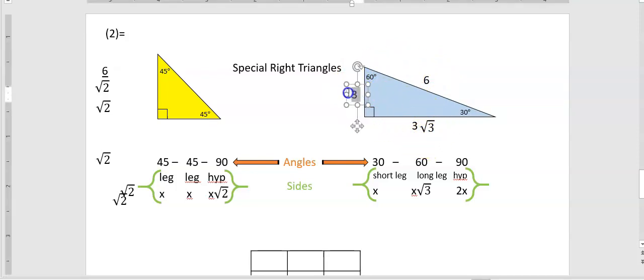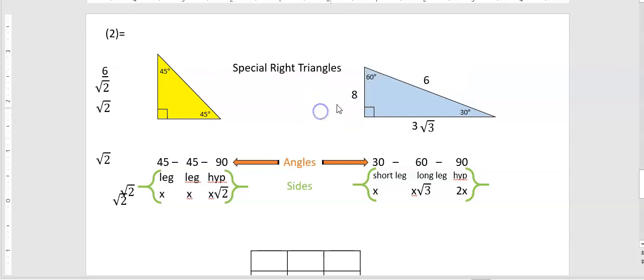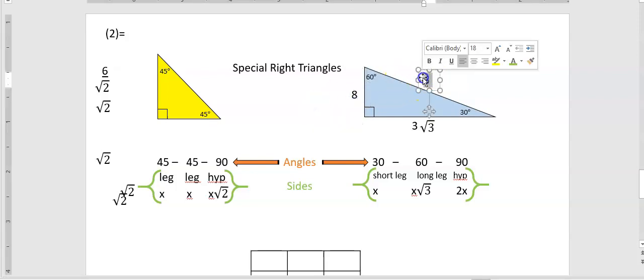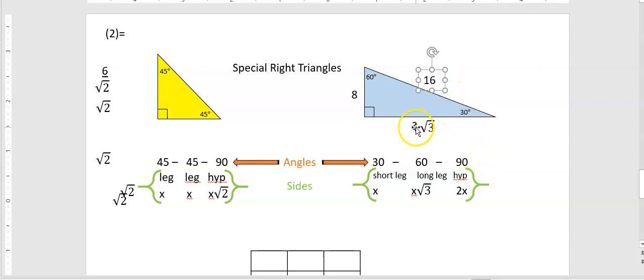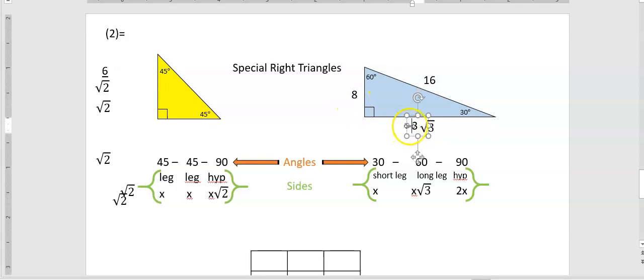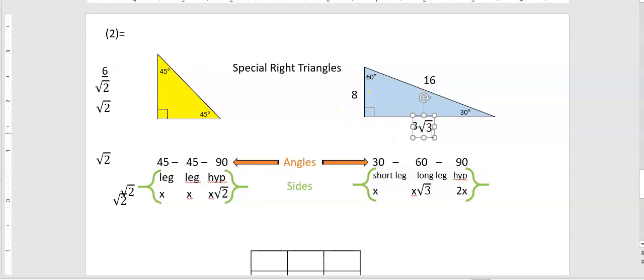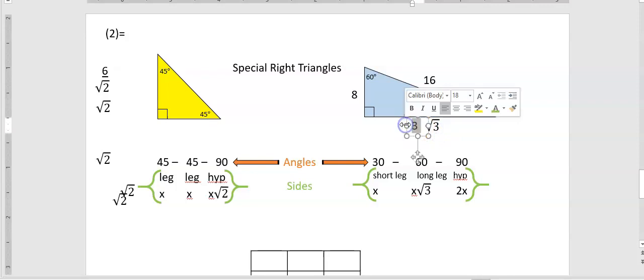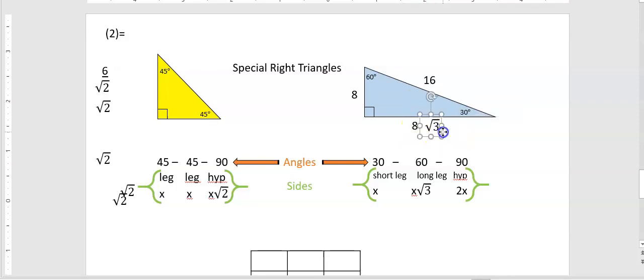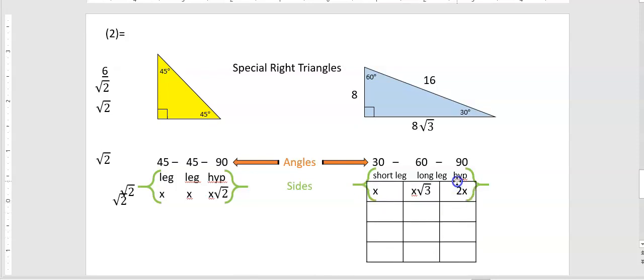All right, so what if they tell you this is 8? Well, then this is twice as big, 16. And this is 8 times square root of 3. All right, so that seems pretty easy. You could also create a table, and this is kind of how I do it sometimes, just to keep it straight in my head.